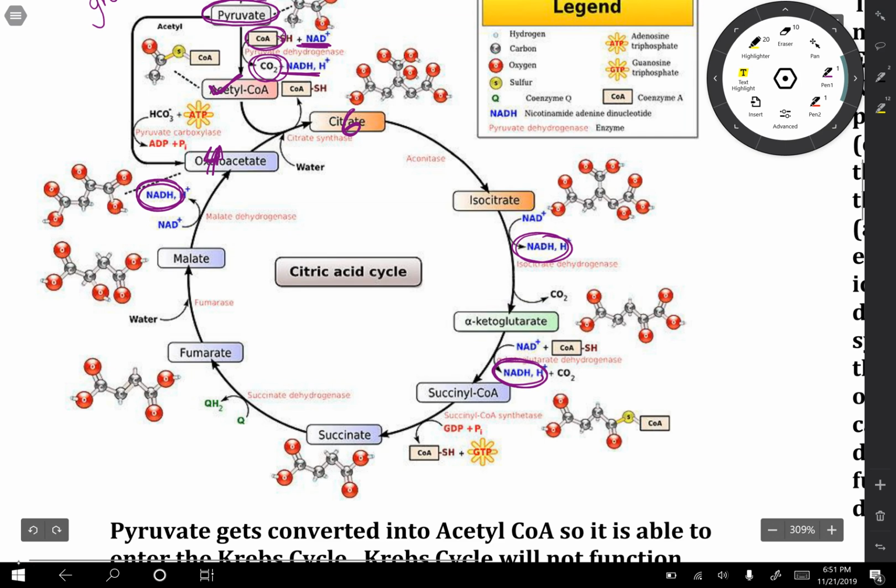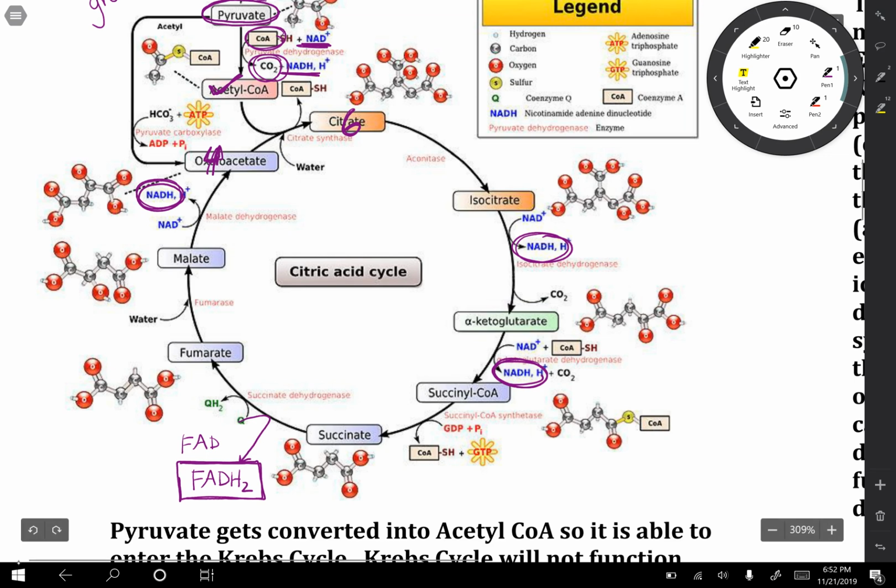And along the way, you're also going to form an FADH2. I don't know where that is on this diagram, but let's draw it over here. FAD is going to go into FADH2. These things are important because they are carrying electrons, and they're going to take them to the electron transport chain.